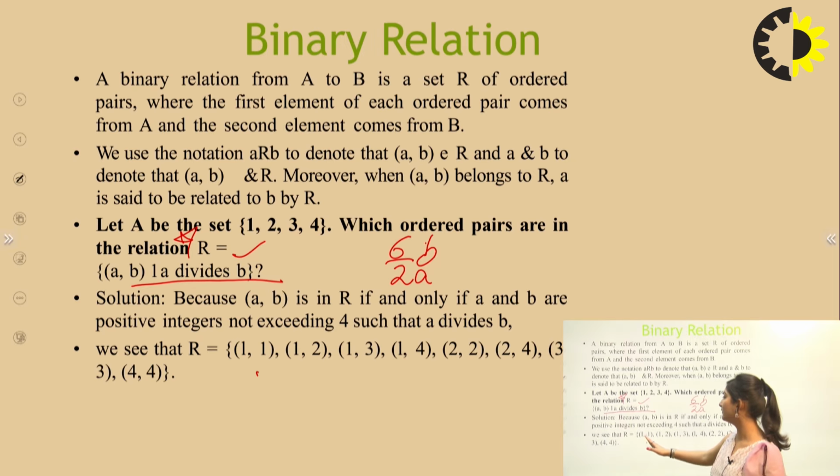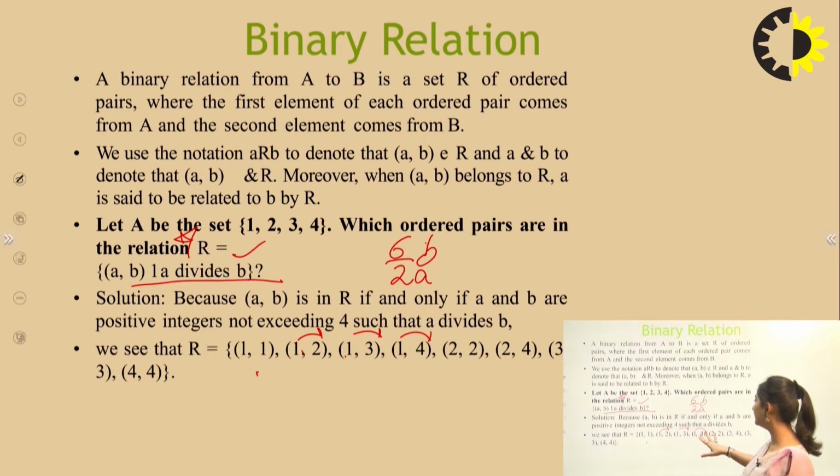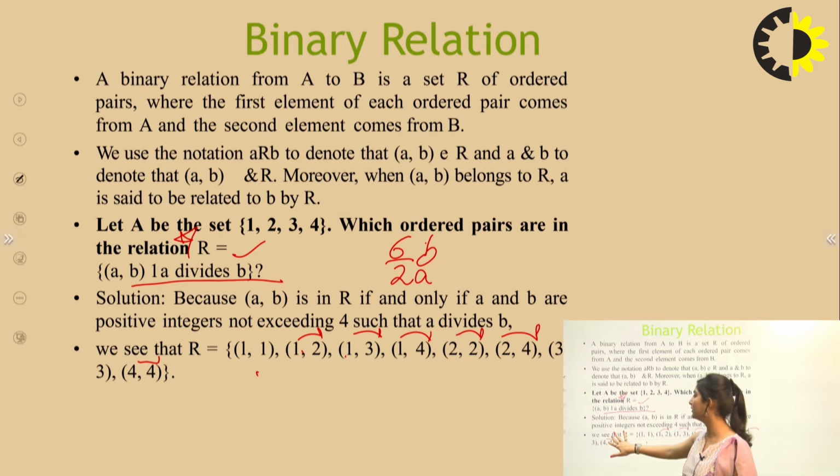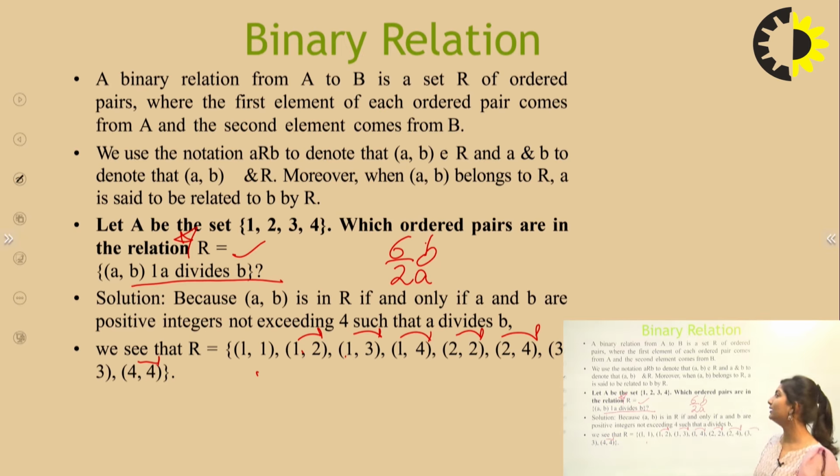So 1 will divide 1, 1 will divide 2. So a will divide b. This 1 will divide every element, but obvious. 2 will divide itself, 2 will divide 4, 3 will divide itself, 4 will divide 4. But there's no way that 3 will divide 4. So it's not part of the set.